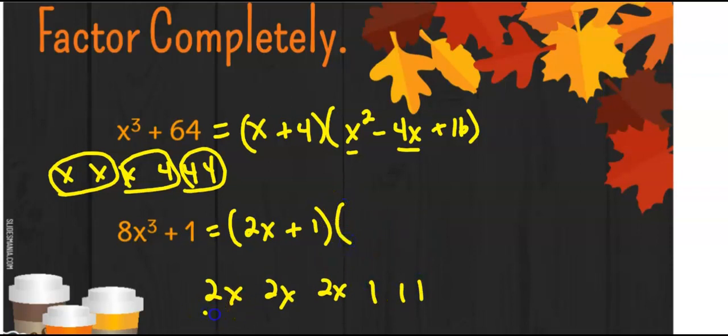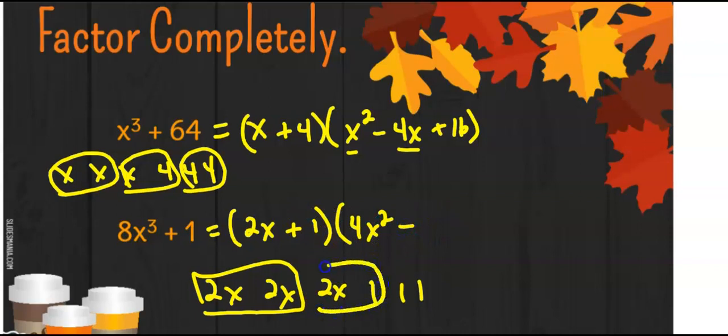So for my trinomial, again circling pairs, I'll have 4x squared minus 2x times 1, which is 2x, and plus 1 times 1 is 1. So it's going to be important, again, that you recognize your squares and cubes to make this easier.